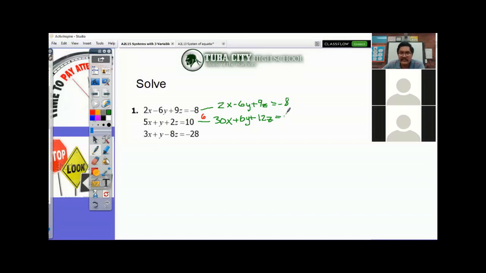Oh wait, 10 times 6 would be 60. All right. Now, y should eliminate. One of them should eliminate. 32x plus, and 9 and 12 is going to make 21z equals -8 plus 60, or I can reverse that and say 60 minus 8, and that would give us 52.